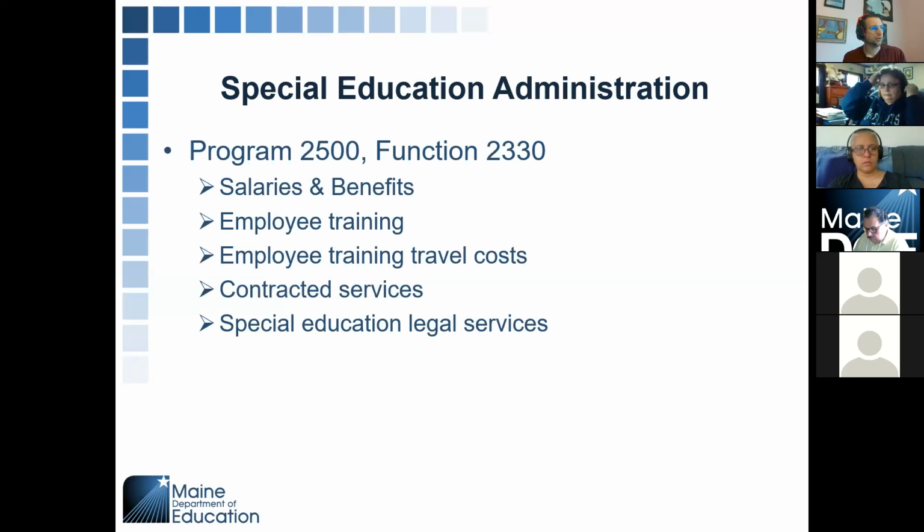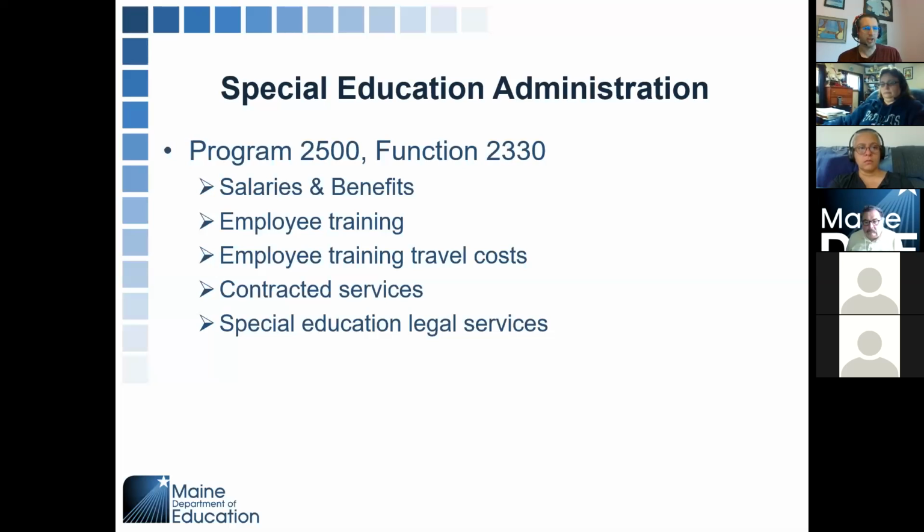Of note, this is if you have special ed legal costs. As much as you may try to avoid it, there are times when you may have to hire legal services in negotiation for services provided under an IEP. If you have to hire legal specific to special ed, then you can code those right to special ed.